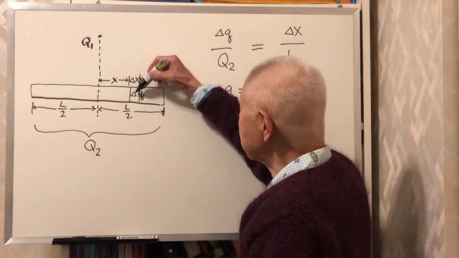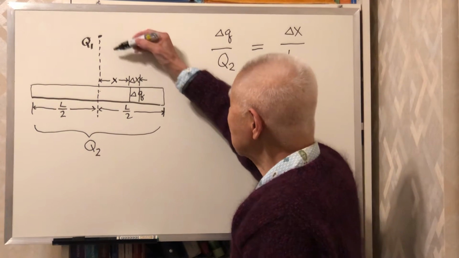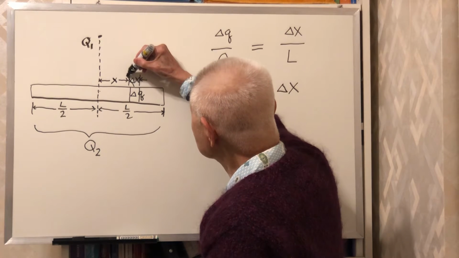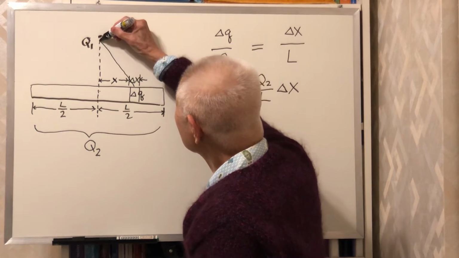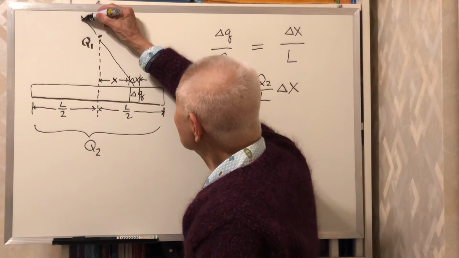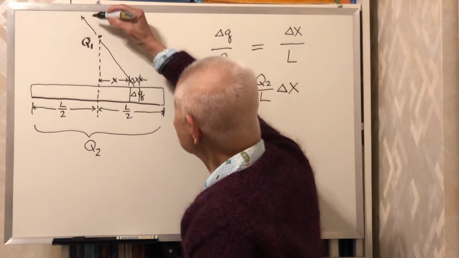The force between delta Q and Q1 is along the line joining them, in this direction.